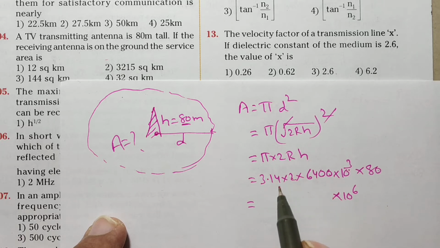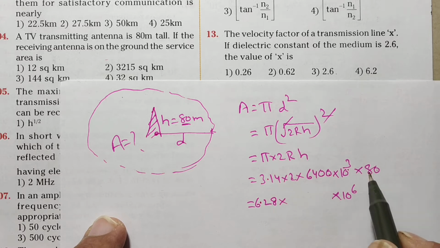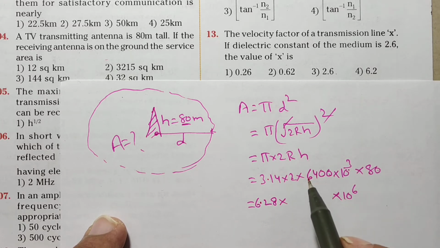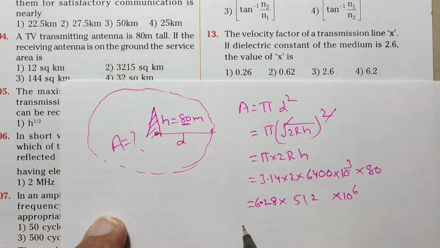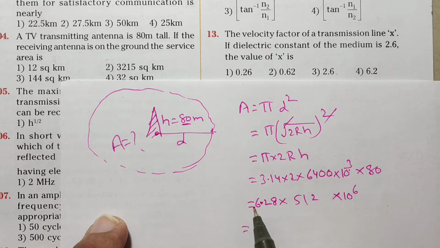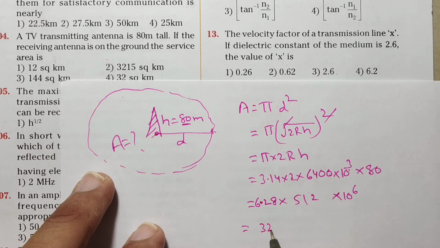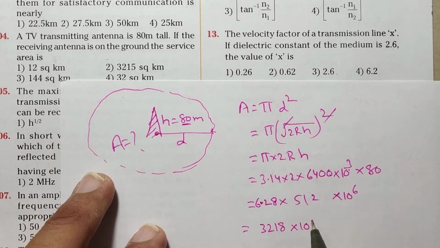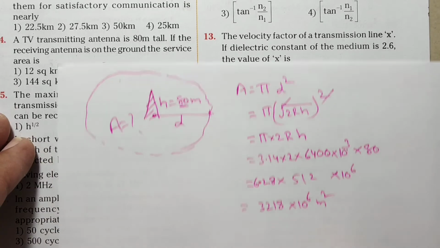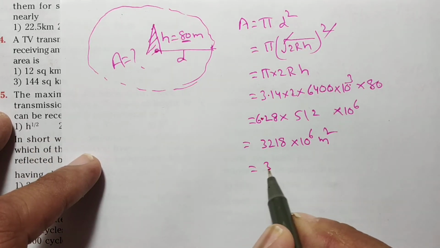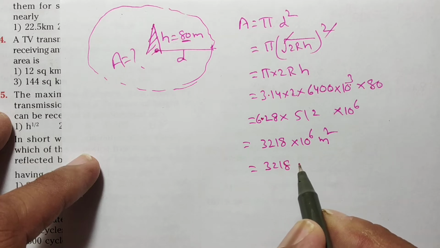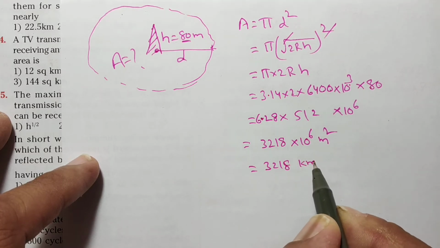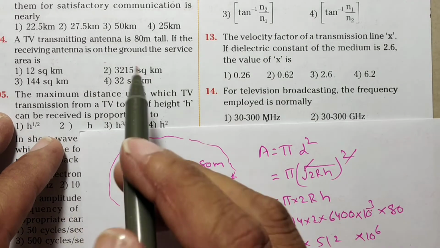If you multiply 8 into 6.28 you get 512, and if you multiply 512 into 6, we get 3218 into 10 to the power of 6 meter square. It means we are writing 3218 kilometer square. So which option is correct?